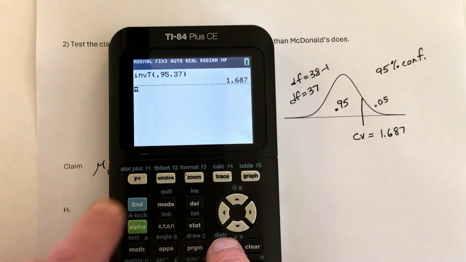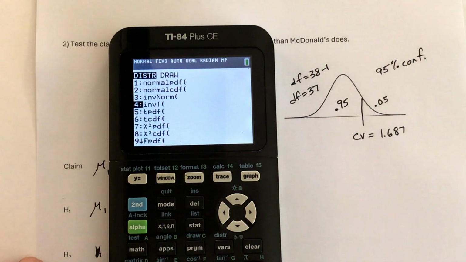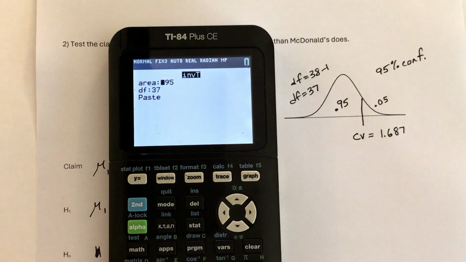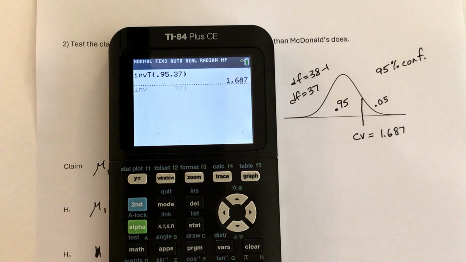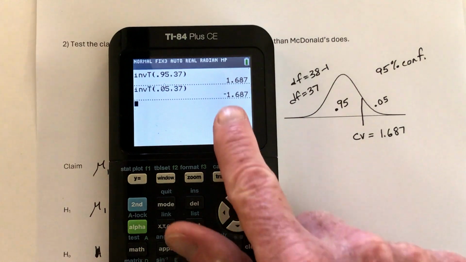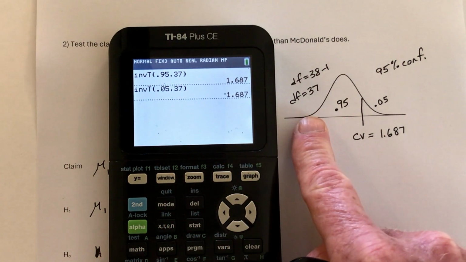Look at what happens if I do the inverse t, excuse me, and what if I had put the 0.05 instead of the 0.95? Then it gives me a negative number, but a negative number would be on this side, which is wrong.